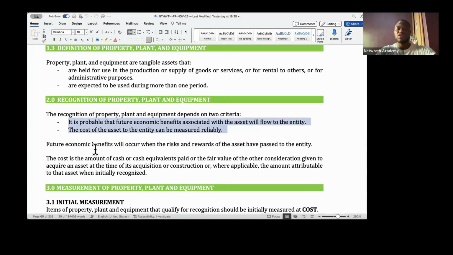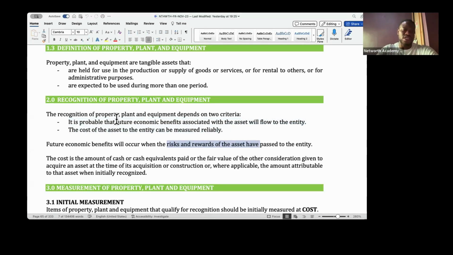And when we say future economic benefits, it majorly means that you should be able to use the asset to make money. The money you are making from the asset must come to you. And that will only happen if you are the one that is faced with the risk and reward attributable to the asset, most likely.